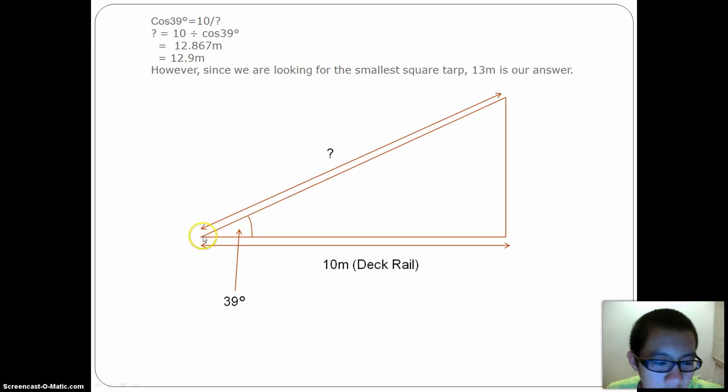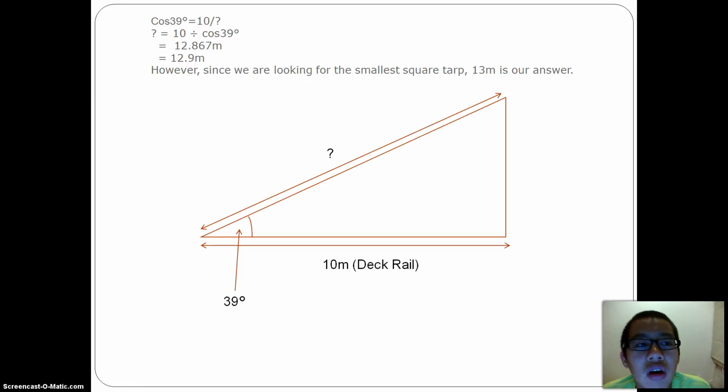I have put the hypotenuse as a question mark. So cosine 39 degrees is equal to 10 divided by the question mark. You want to know what the question mark is, so you're going to do some linear algebra. So the question mark is equal to 10 divided by cosine 39 degrees.